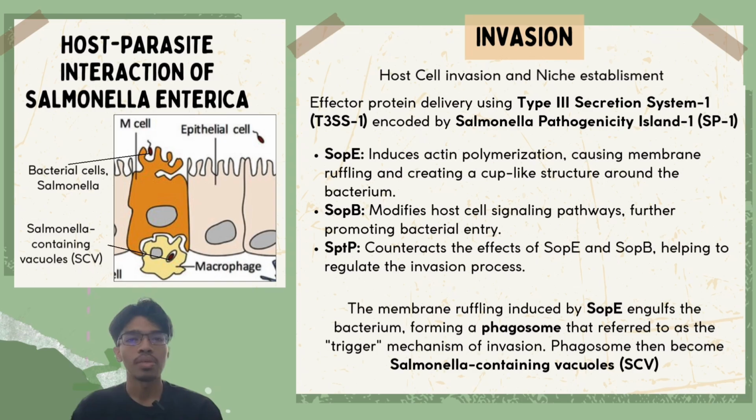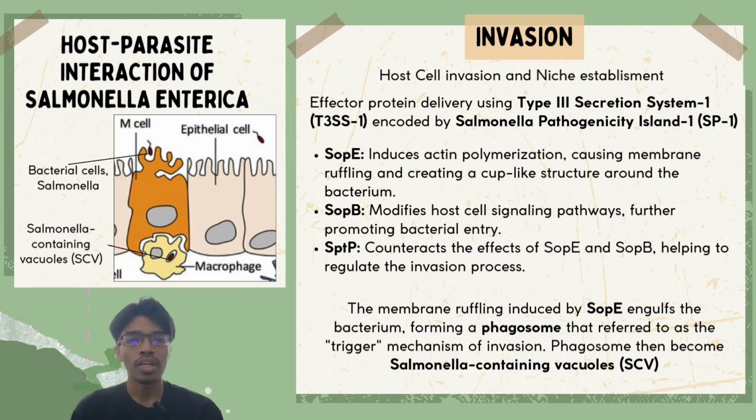The next step is the invasion and intracellular survival mechanism. It's about how Salmonella invades the host cells and establishes a niche within the host intracellular environment. Salmonella uses type 3 secretion system 1, which is encoded by Salmonella pathogenicity island 1, to inject effector proteins such as SopE, SopB, and SptP.